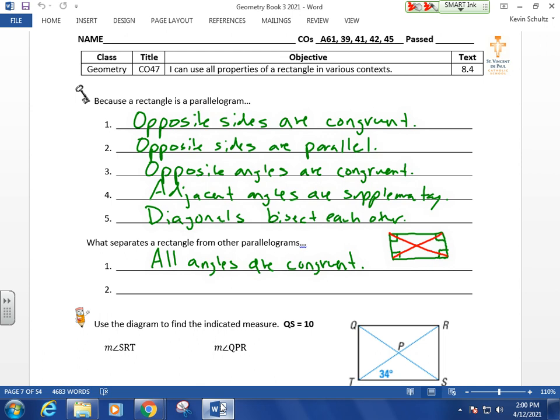Evan? The diagonals are congruent. Okay? Diagonals are congruent. They still bisect each other, as in all parallelograms, number 5 up above here, but they do not form right angles when they intersect, like a rhombus does, and they are congruent.